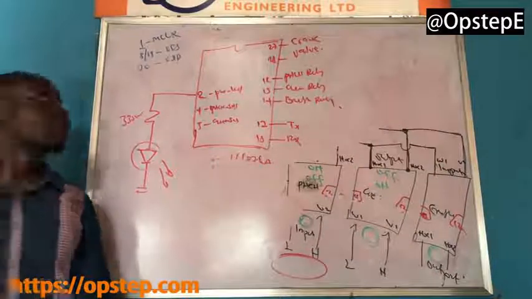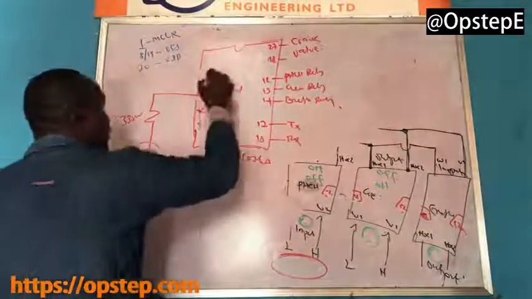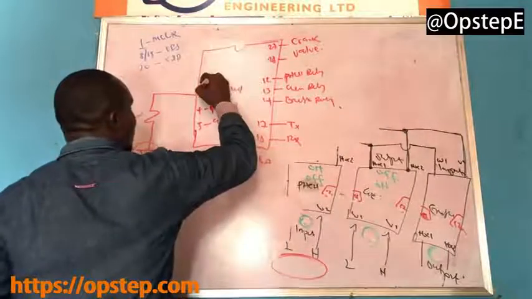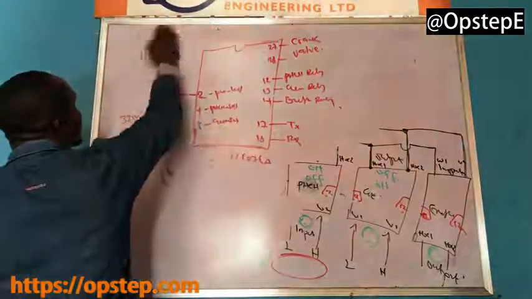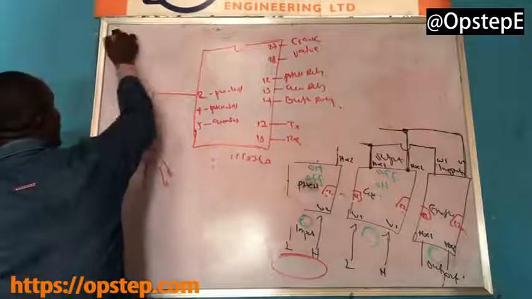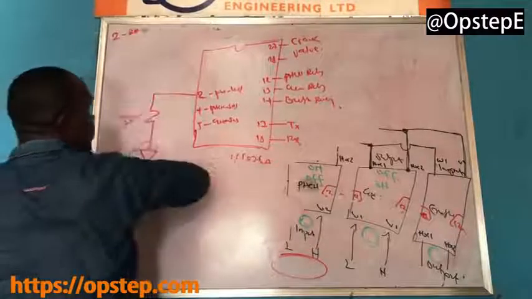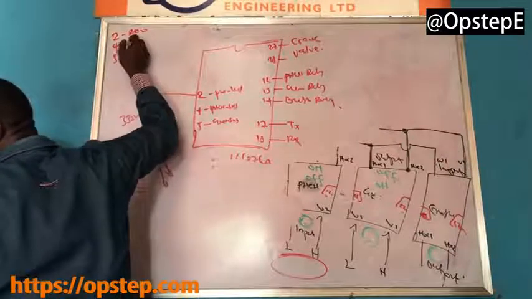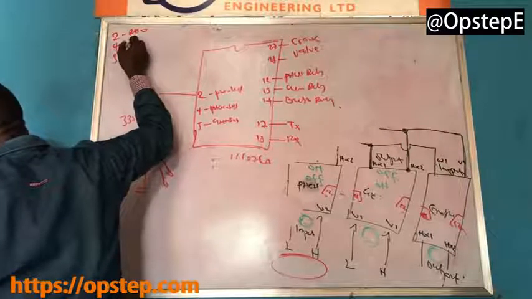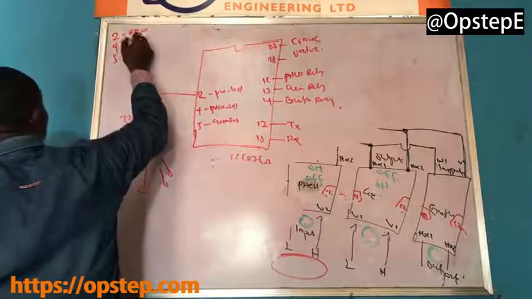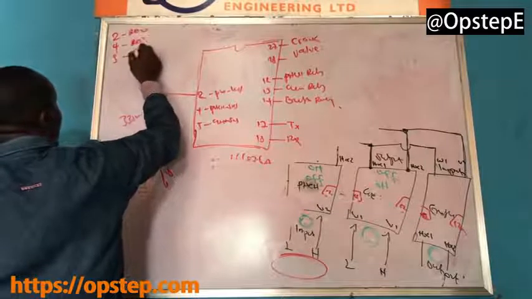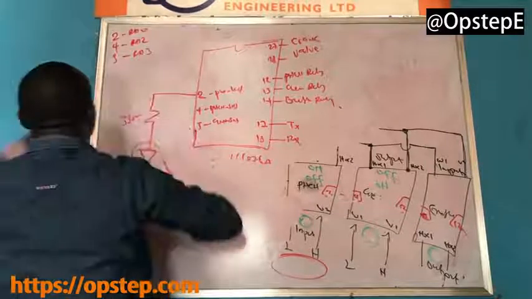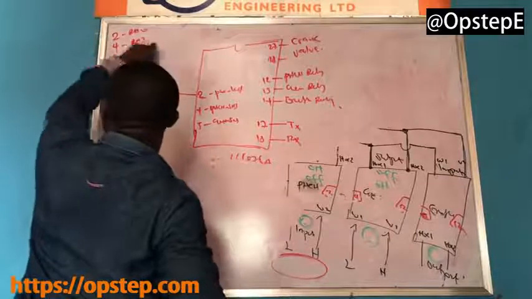That pin 2 is your RA0. What do I call it? RA0. So your 4 and 5 will be RA2 and RA3, if 2 is RA0 and 3 is RA1.